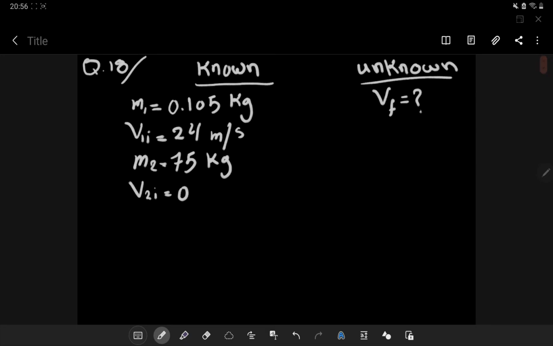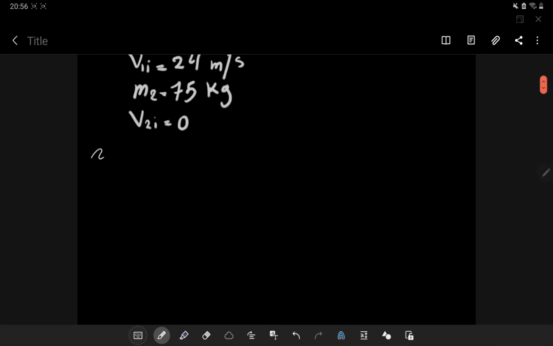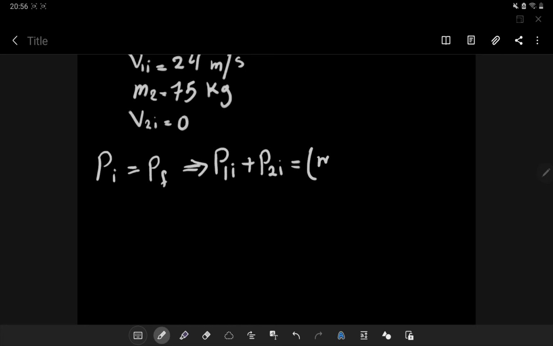In the beginning, we will write our equation, which is P initial equal to P final, and that leads to P1 initial plus P2 initial equal to m1 plus m2 all multiplied by v final, because the final velocity is the same, so we can write our equation like this.